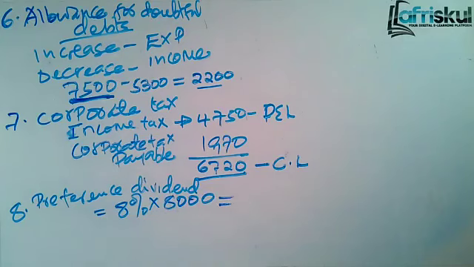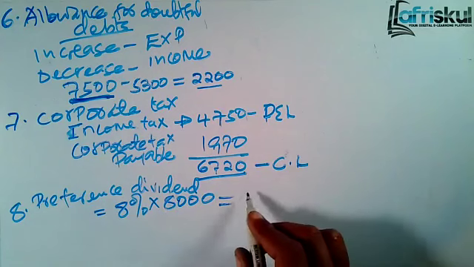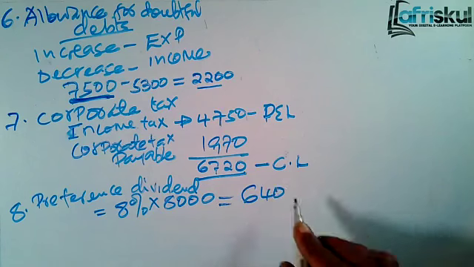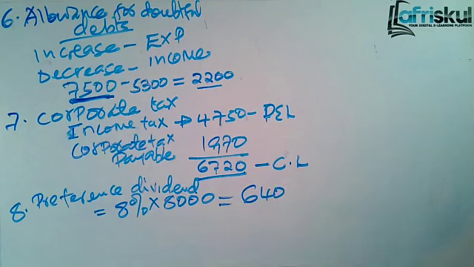If I take my calculator, 8,000 multiplied by 8%, I'm getting 640. This is the whole preference dividend.